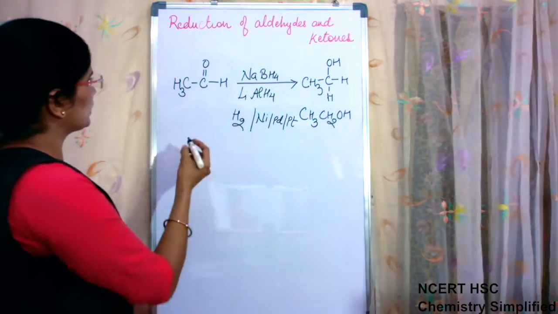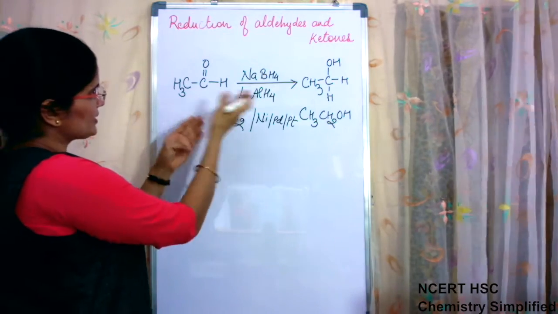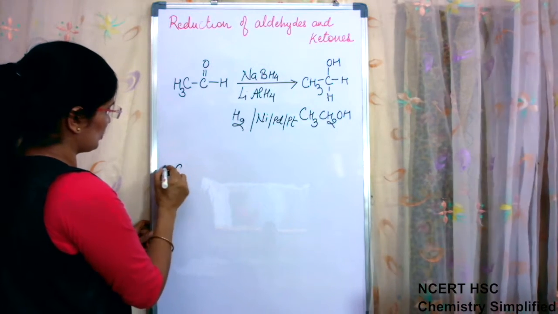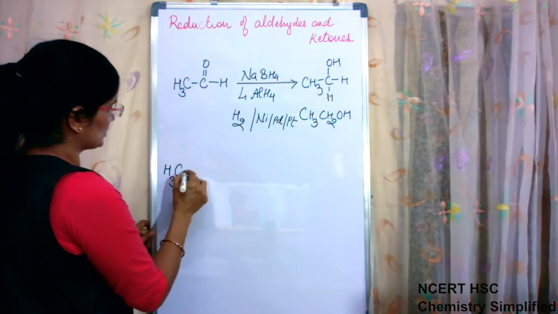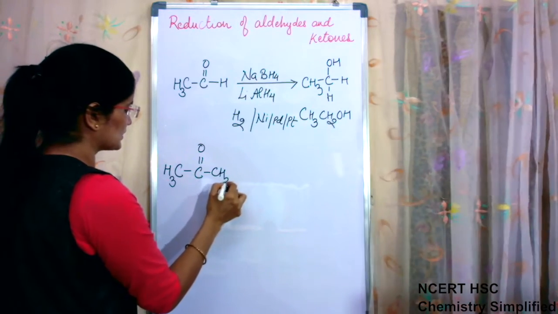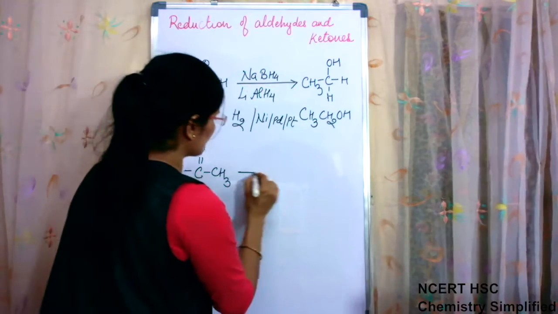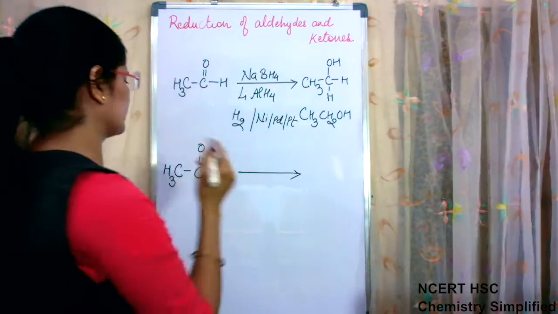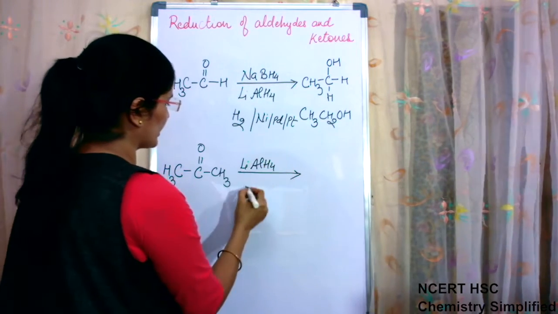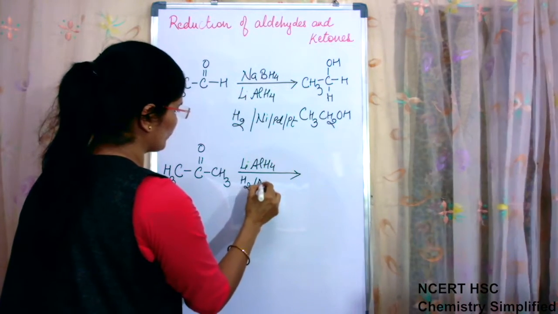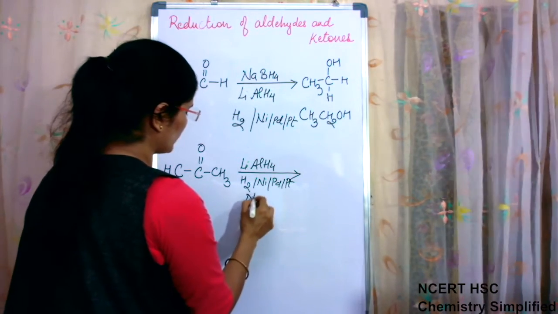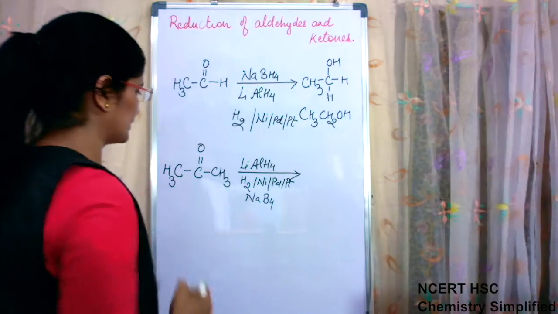Now as aldehydes can be reduced, in the same way ketones can also be reduced. So let us take the example of one ketone, CH3C double bond O CH3. The same reducing agents can be used: lithium aluminium hydride, or catalytic hydrogenation, H2 with nickel, palladium or platinum, or sodium borohydride.